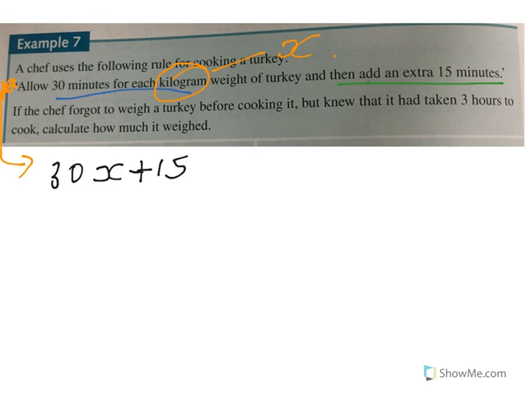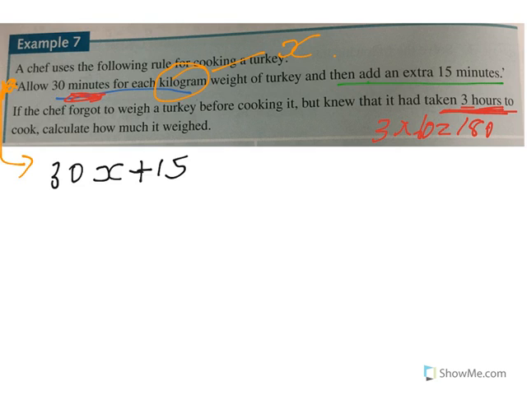The last bit on the end is that we knew it took 3 hours. So the time is 3 hours. Now, you'll notice here it's got hours, but over here we had minutes. So 3 hours is 3 times 60, which is 180 minutes. So we need to put that in somehow.